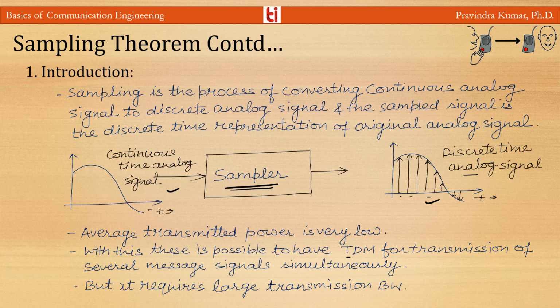But here we can use the TDM, time division multiplexing technique. Means if there are three users, one user can transmit their first sample, the second user can transmit their second sample, and the third user can transmit their third sample simultaneously. So different users can access the channel simultaneously.